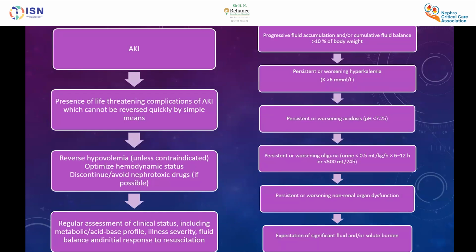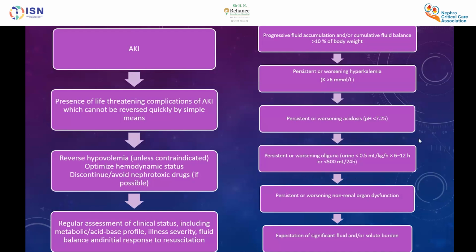In the meanwhile, reverse hypovolemia, optimize hemodynamic status, discontinue or avoid nephrotoxic drugs if possible, and regular assessment of the clinical status, which includes acidosis, fluid balance, severity of illness, and the initial response to resuscitation. Depending on that, we try to assess the need for RRT.